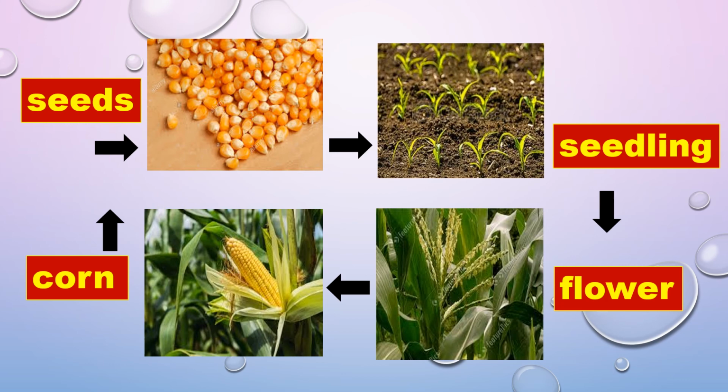After a long time, or after months, the sapling will have flowers. What will happen to the flower? The flower will become a fruit of a plant. So this is an example of the life cycle of the corn. Seeds, seedling or sapling, flower, and fruit.